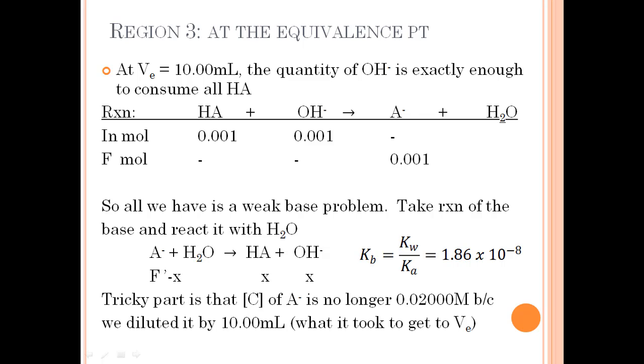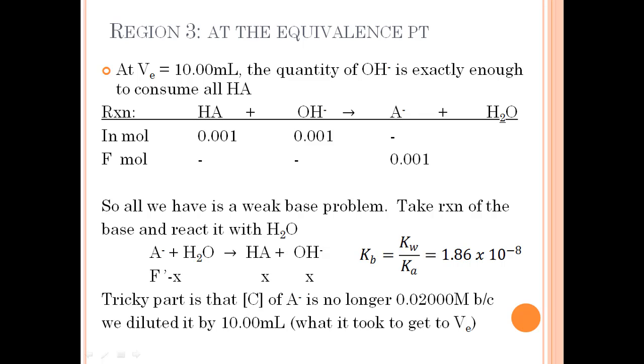How many moles of HA did you initially start with? The same. How many moles of strong base have you added? Well, it's 10 mL. 10 mL times 0.1 is going to give you 0.001. Finally, you're not going to have any HA left because all of it has been consumed. You're not going to have any OH minus left because all of it's been consumed and converted to that weak base. And that's how much weak base you're finally going to have.